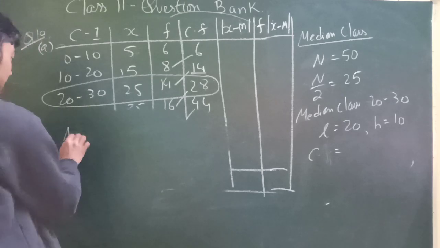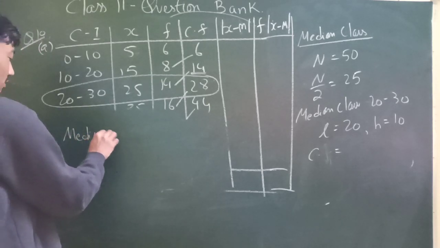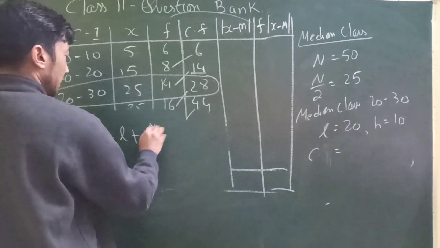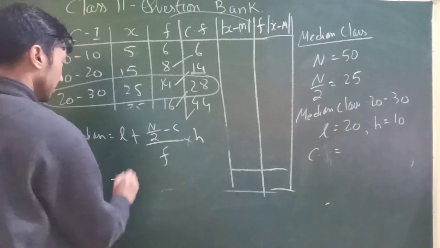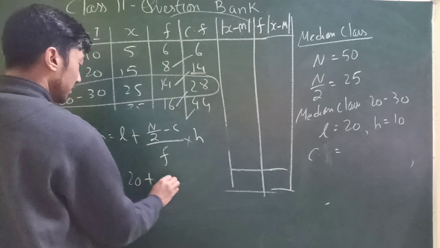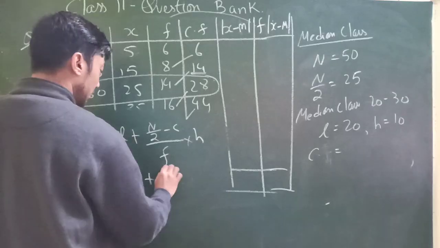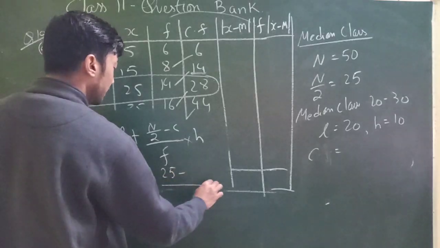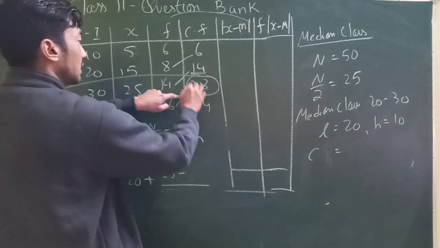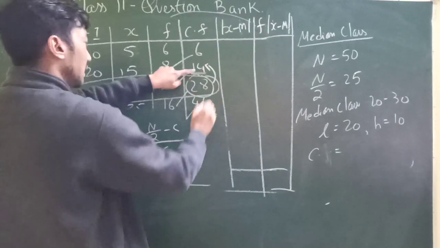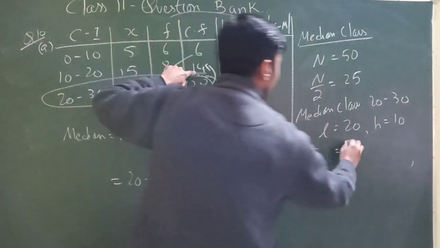To find the median, the formula was L plus (n by 2 minus c) divided by f, into h. So we need these values. L we already have, the lower limit of the median class. n by 2 we have already calculated, 25, minus c. C represents the cumulative frequency of the class before the median class, so that's 14.